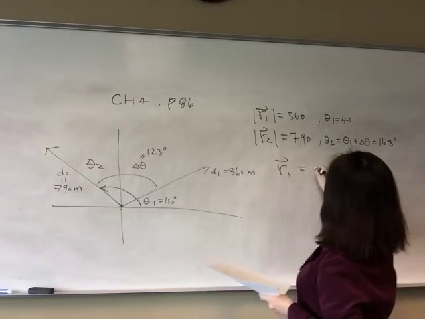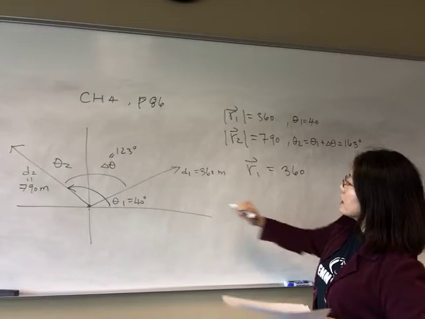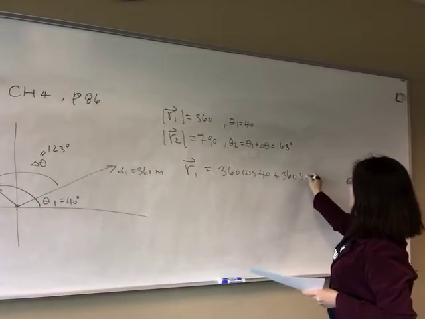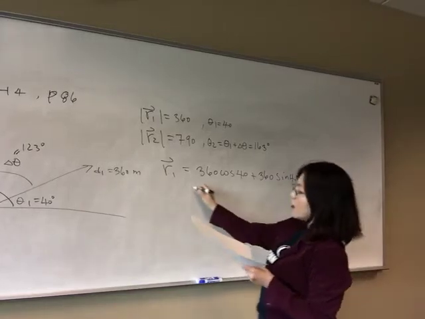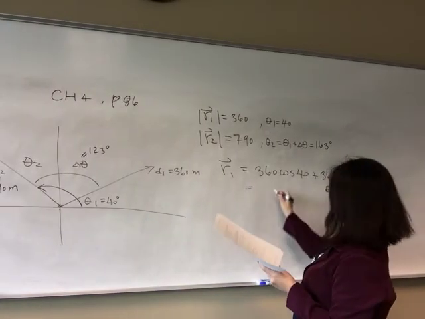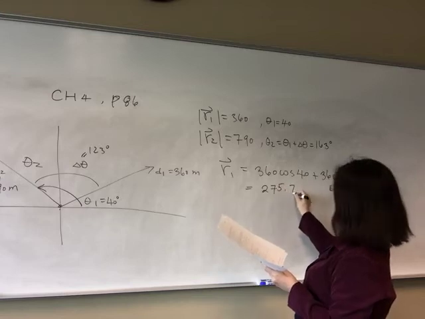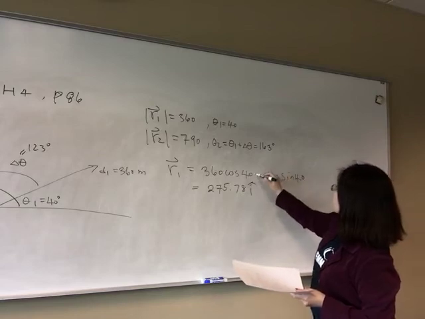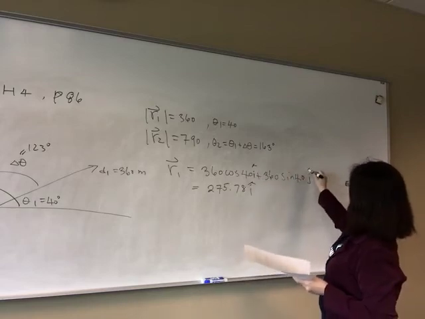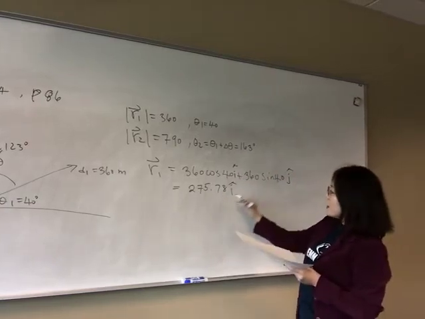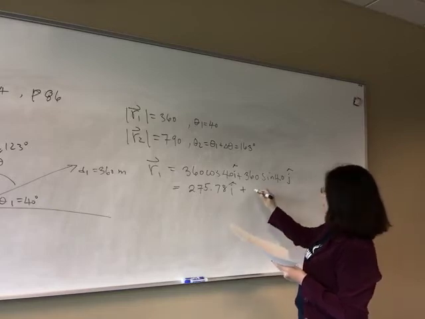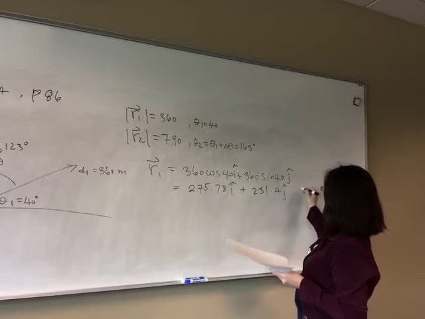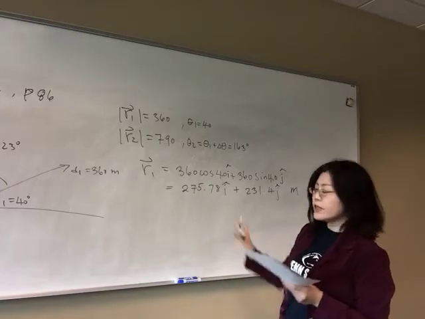R1 will have 360 times cosine 40 degrees horizontally, and then sine of 40 degrees. So R1 has a numerical value of 275.78 I hat. I'm missing I hat and J hat here. So this is your X component, and the Y component is 231.4 J hat, in units of meters. So this is your R1.